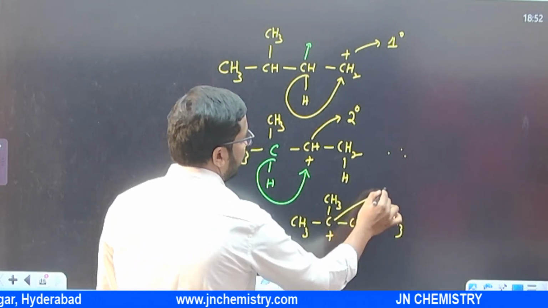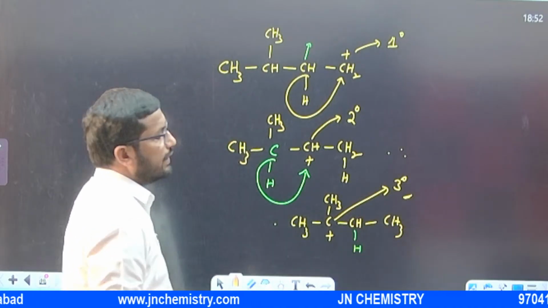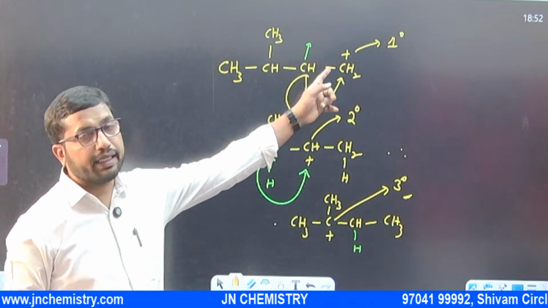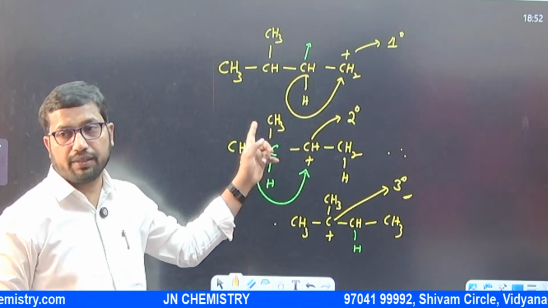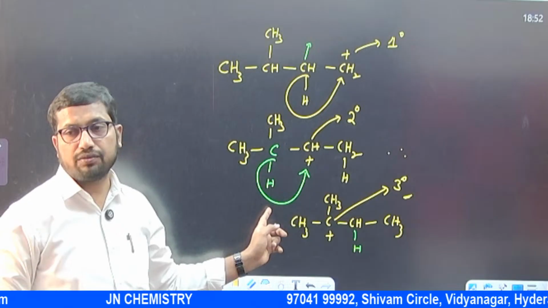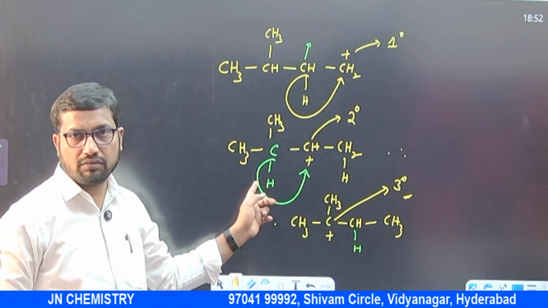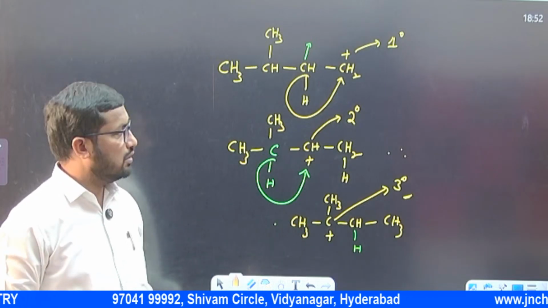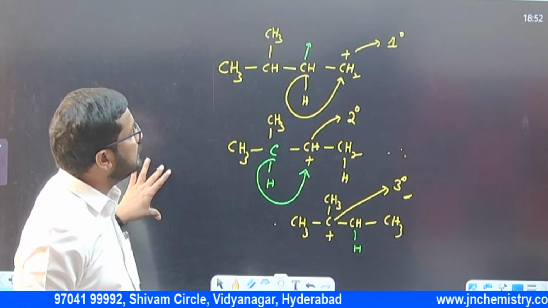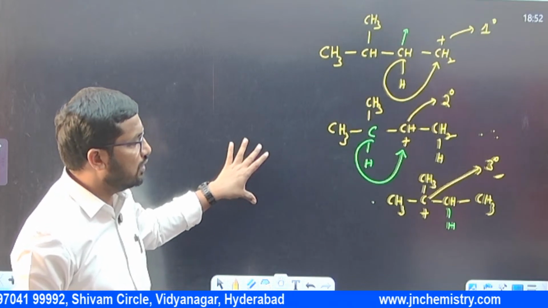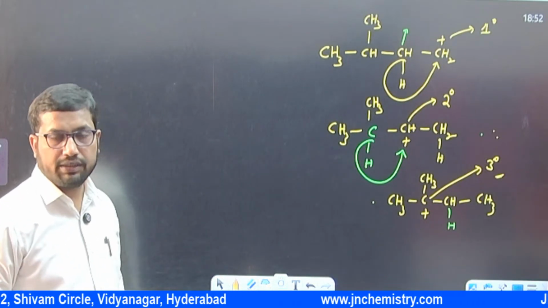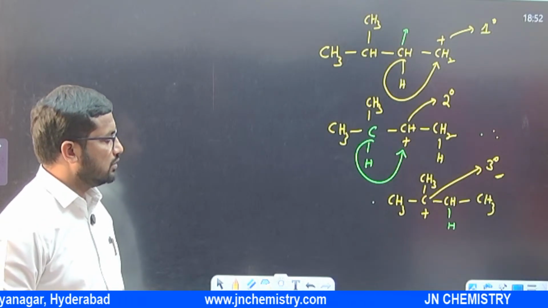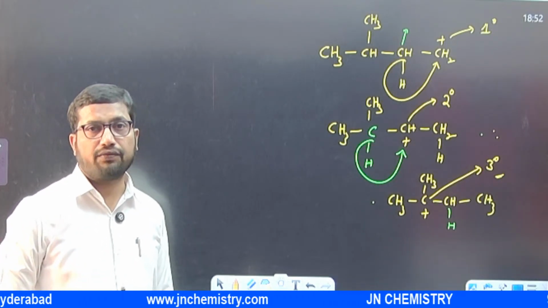So this becomes which degree carbocation? 3 degree carbocation. Come on, write it down. So 1 degree is jumping to 2 degree, 2 degree jumping to 3 degree. 3 degree, is it jumping somewhere? If it is jumping to here, 1 degree, 1 degree. Yes or no? So this is called natural tendency of rearrangement.